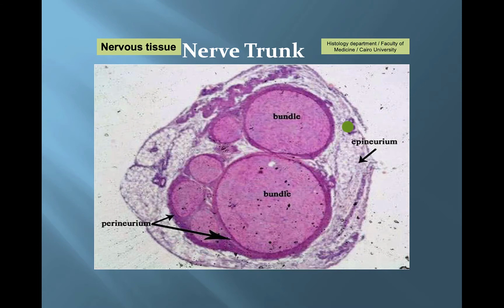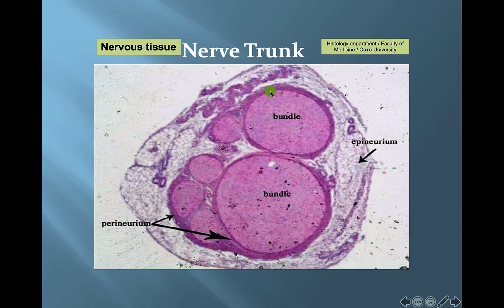Now this is the first slide. It shows a section in the nerve trunk stained by hematoxylin and eosin. As you see, we have three components for the nerve trunk. First, we have this connective tissue covering the whole nerve trunk, which is called epineurium, and it is formed of dense connective tissue.